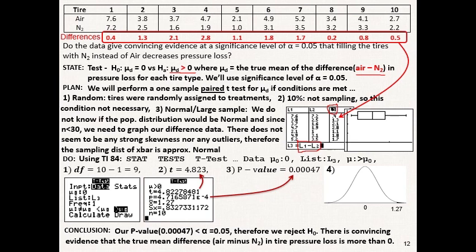So we might even say there is convincing evidence that the true mean difference in tire pressure loss, that is air minus nitrogen, is more than 0. So again, you're saying that you have strong convincing evidence of Ha, but you want to say that in context.